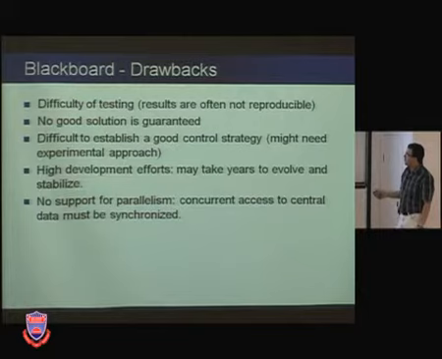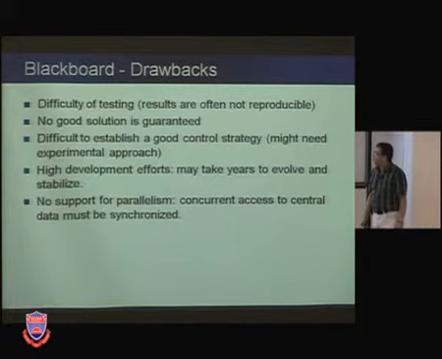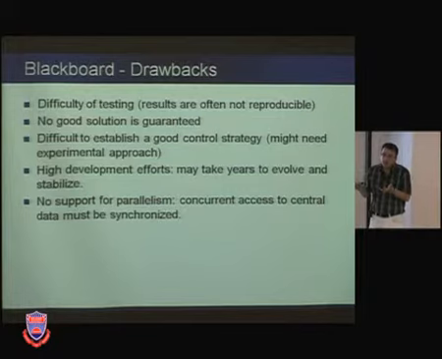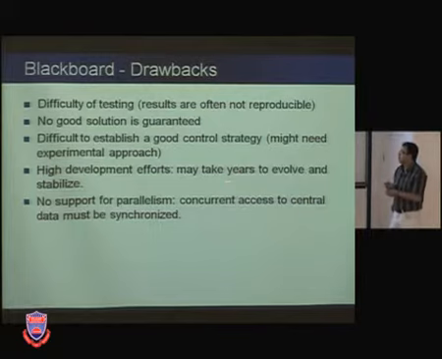Drawbacks: difficulty of testing. Results are often not reproducible. No good solutions are guaranteed. You have different domain experts, but all the things that are written are hypotheses. It is difficult to establish a good control strategy. You might need an experimental approach. So who is going to write when? High development effort.